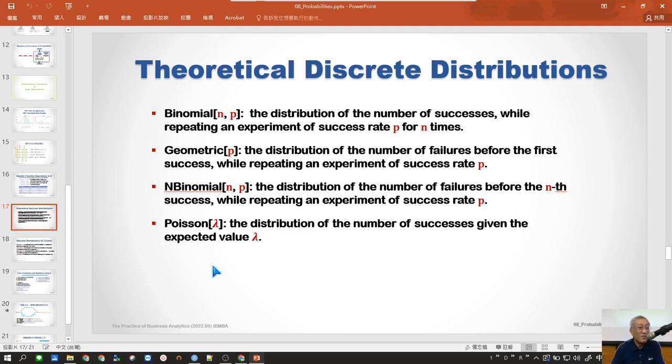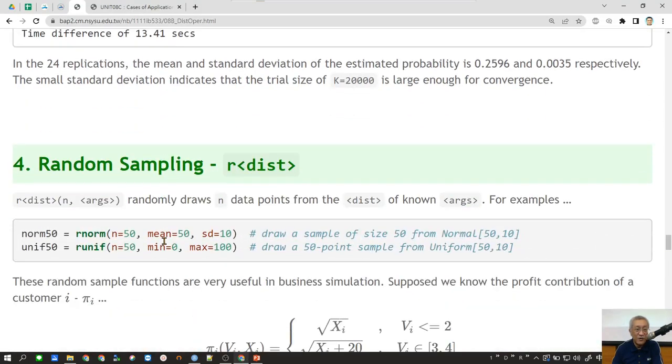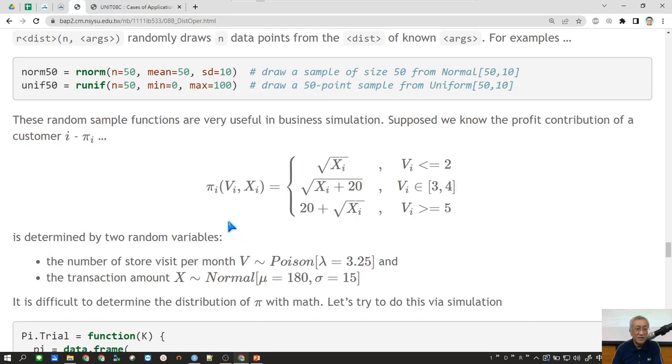For example, say you run into a very complicated case. This is pi, for example, your profit, and your profit depends on V and X, two variables. If V is less than 2, then your profit is square root X. If V falls within this interval, we will have this value.